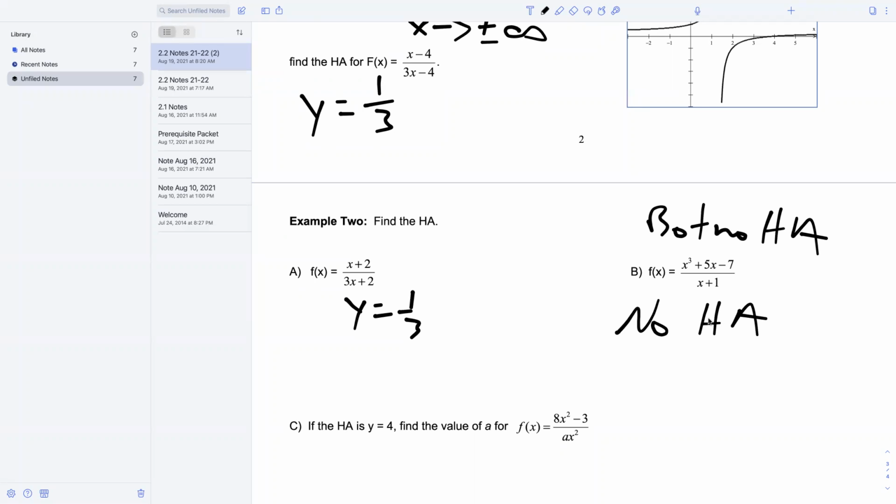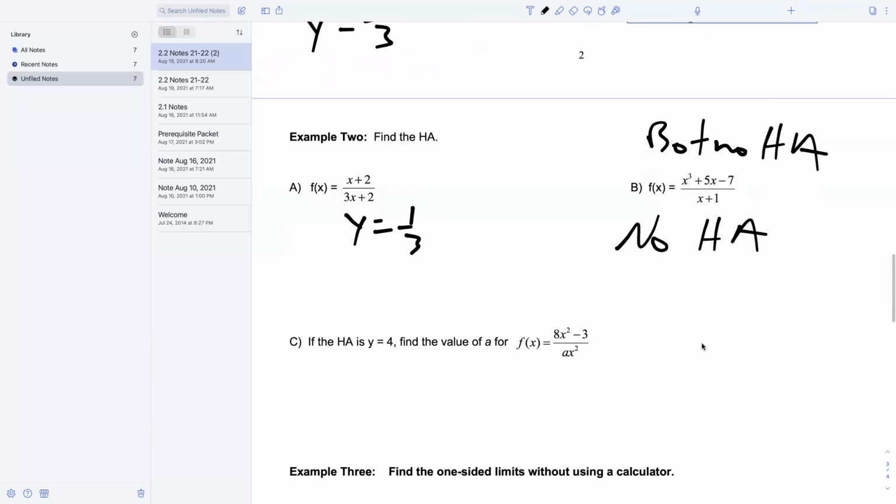Don't look, I'm on a roll. Part C, if the horizontal asymptote is y is equal to 4, find the value of a for f of x equal to 8x squared minus 3 over ax squared. What is the value of a? Well, help me out here. How did we get 2? We're correct. Okay, it is 2.